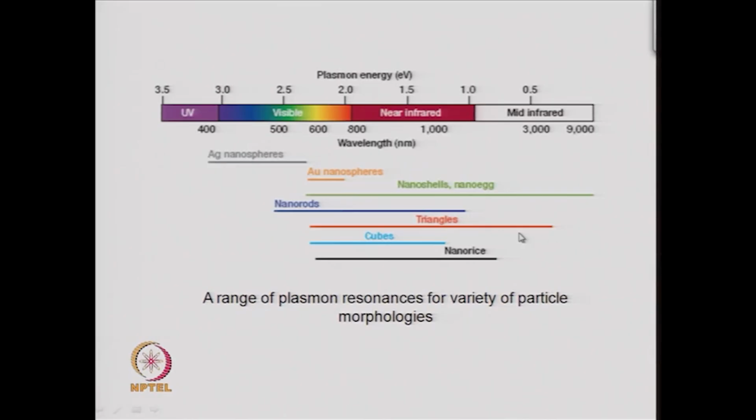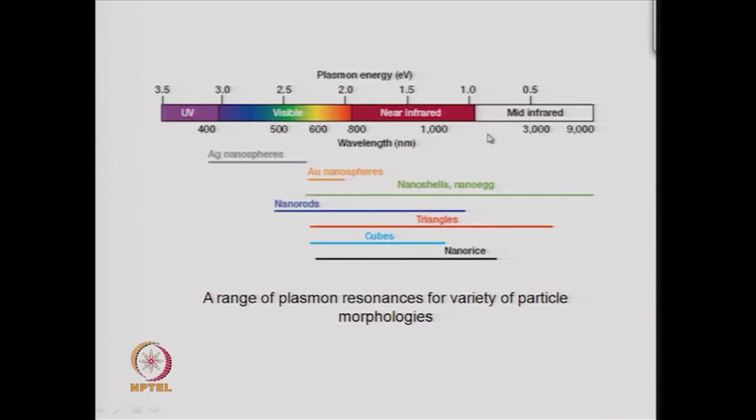These triangles are very useful, because of where they absorb. These triangles can absorb in the infrared, mid infrared. Whenever anything absorbs in the infrared, that means you can heat that material. So, if you inject gold nano triangles somewhere in your body, people have shown that it will heat up the cells around it.